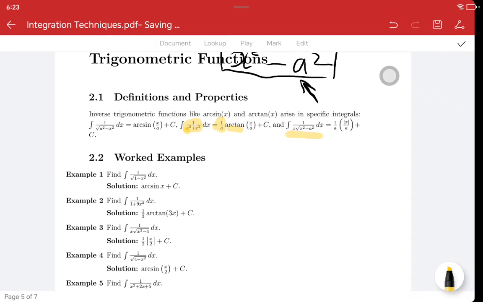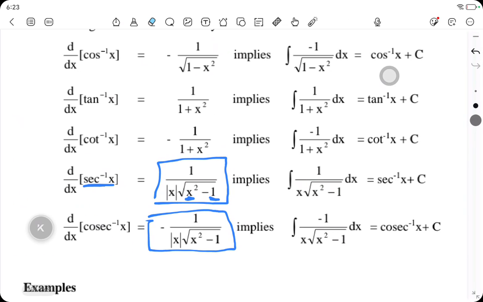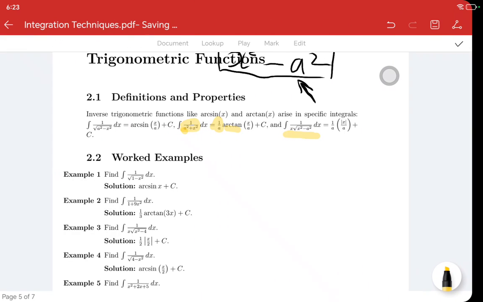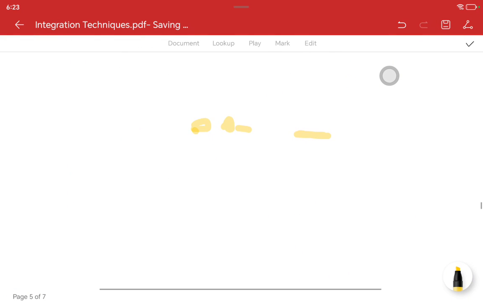Here this is equal to arcsec x plus c, just because we're integrating. But if this was a, we're going to have 1 over a here. In this case, it can also be written in this format, that's why I tried to include this format.